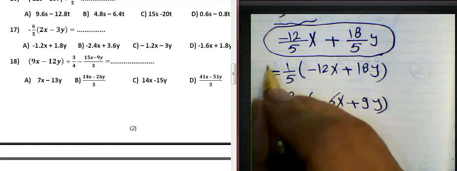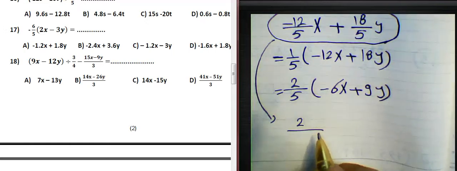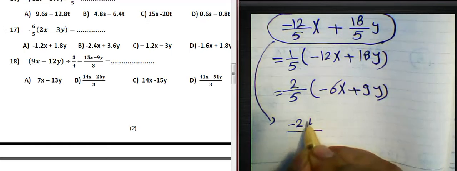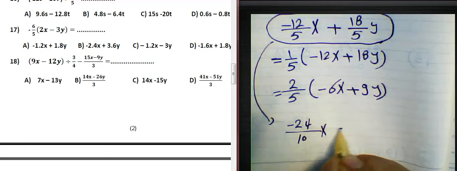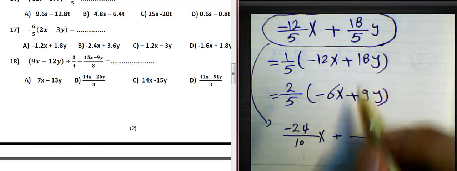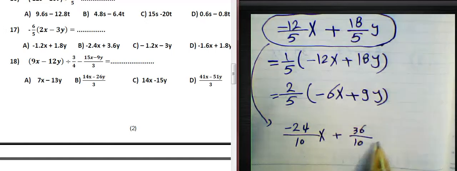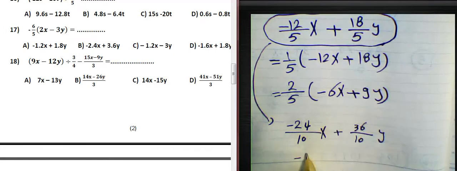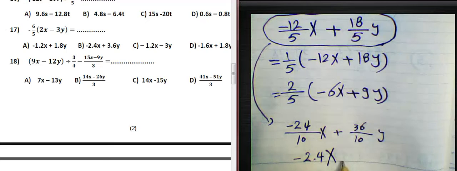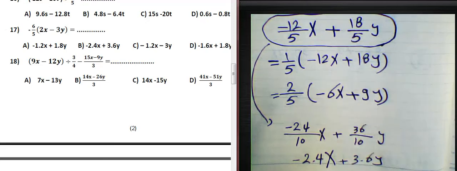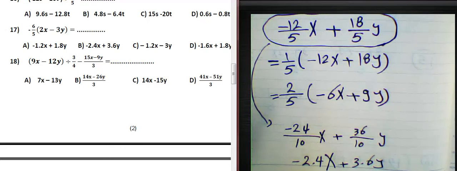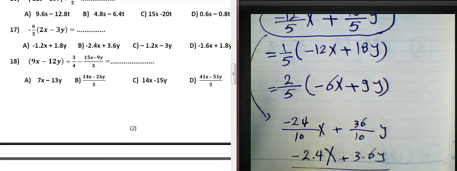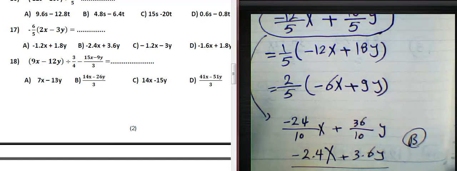So the result will be, look with me here, negative 24 over 10x plus 2 times 18 equals 36 over 10y. So the result will be negative 2.4x plus 3.6y. It's the result, so we must choose letter P for question 17.